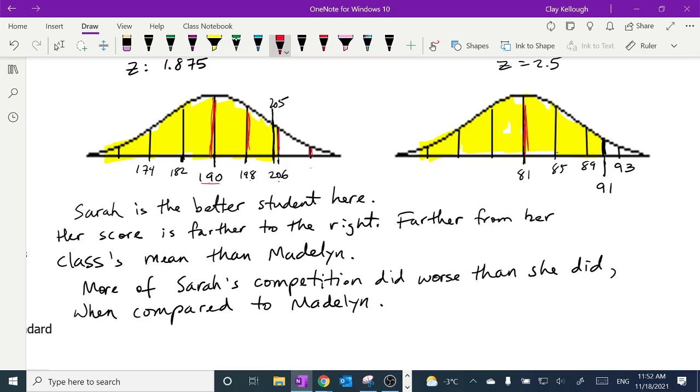If I was to ask a more specific question, like why is a better z-score an indication of a better student, you'd say something along the lines of, because it means more of her classmates did worse than her, or she did better than more of her classmates than Madeline did. See the logic on that? I guess you could even say, because she's further right on the graph. That's true. I'd give that a mark. That's a good answer, actually. Because Sarah's further to the right on the graph. She's further into the normal distribution.